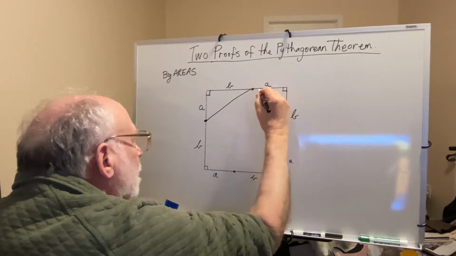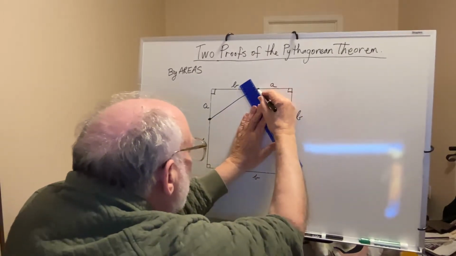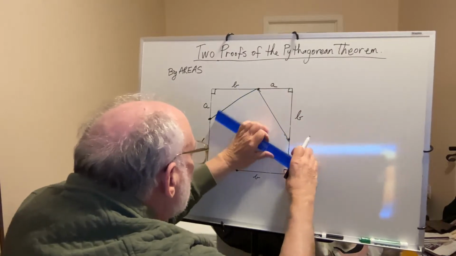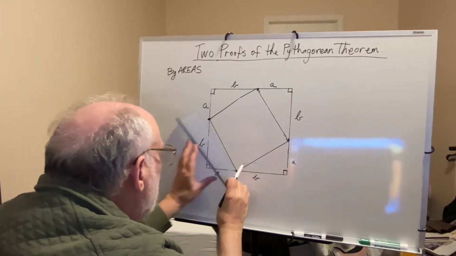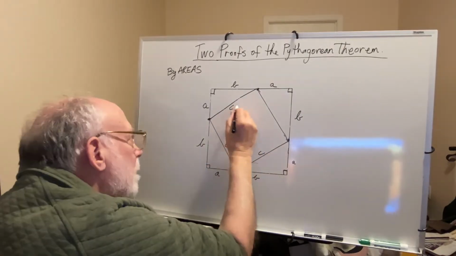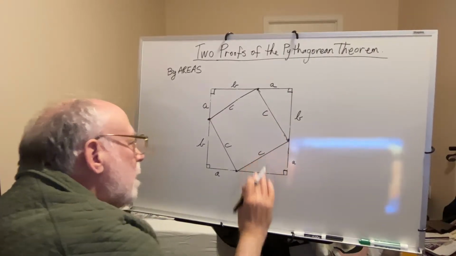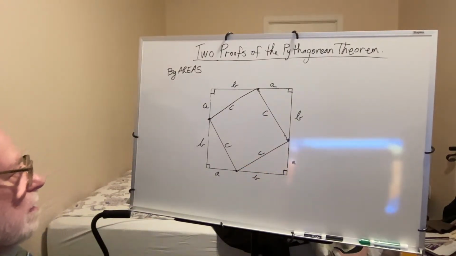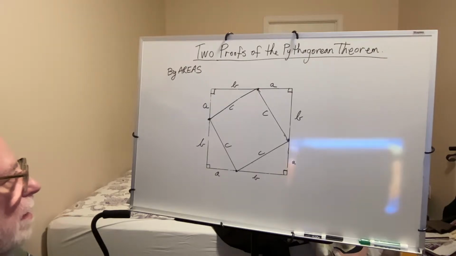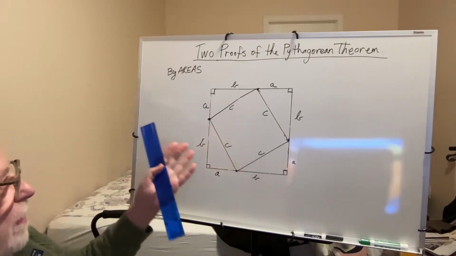Now, this is your given right triangle, and these sides are all C. So we have the area of the whole, which is your big square, is the sum of the area of the parts.